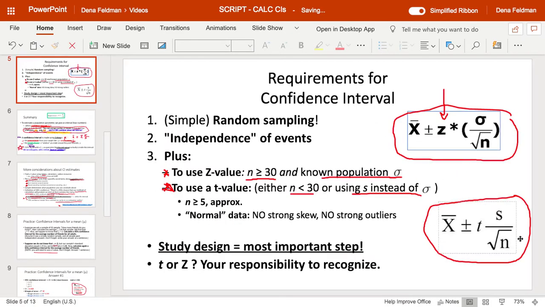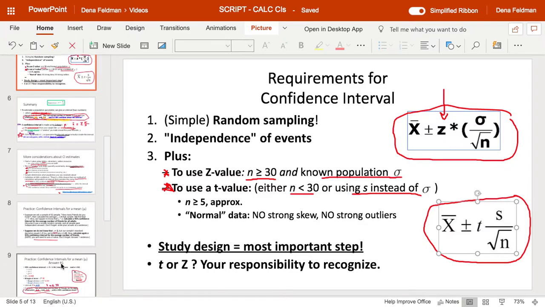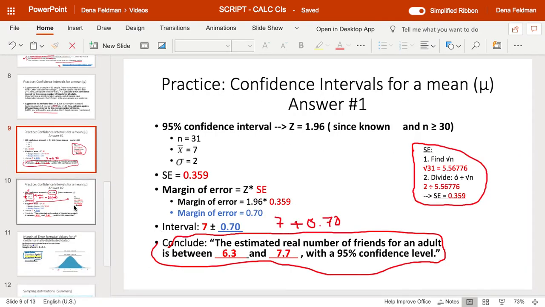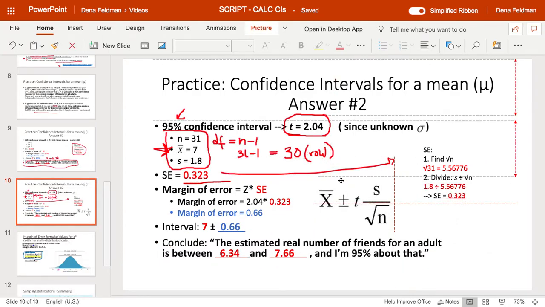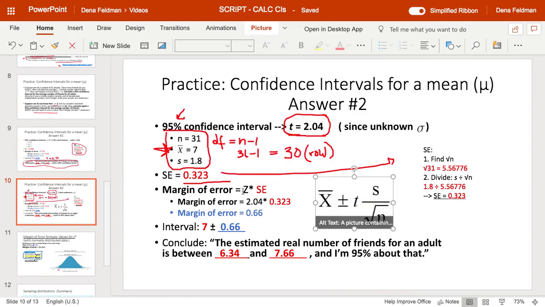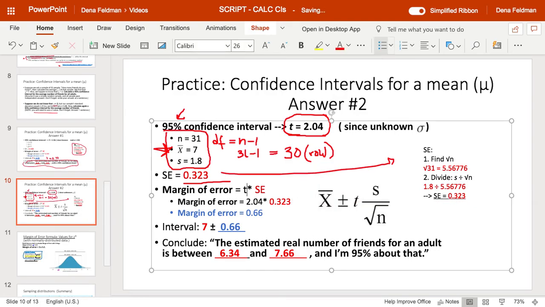I've got the margin of error equal to t times this whole piece here.